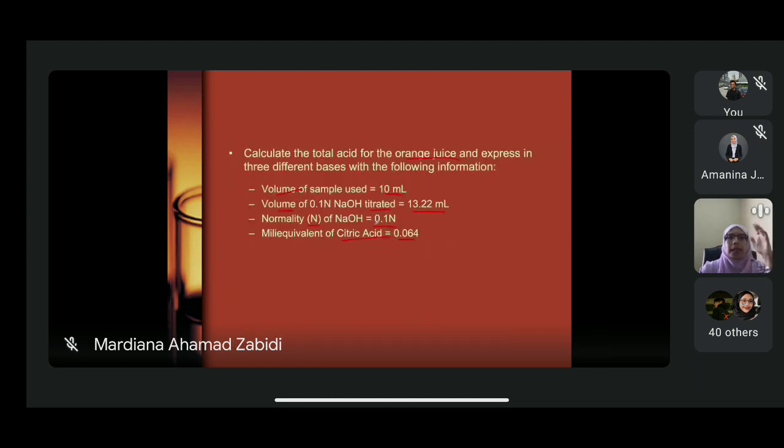Soalan yang tadi ni dia simply bagi je, dia kata calculate the total acid of the orange juice and express in 3 different bases. Dia tak cakap pun for every 1 ml of 0.1 normal of sodium hydroxide ada berapa citric acid, tak mention. Meaning that this particular milli equivalent factor of citric acid is been given meant for 1 normal of NaOH. Faham? Setakat ni faham?